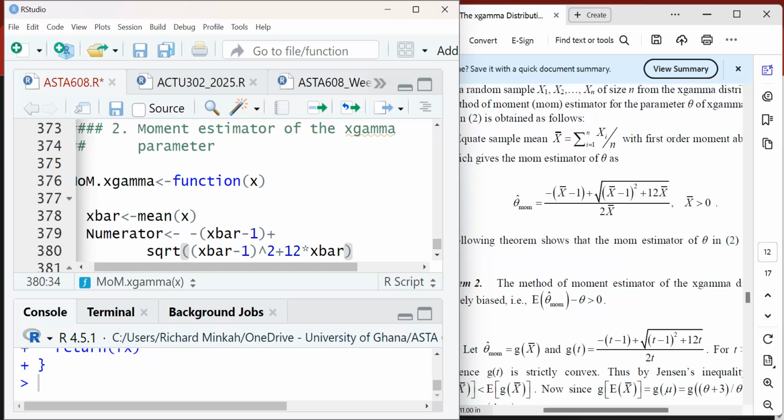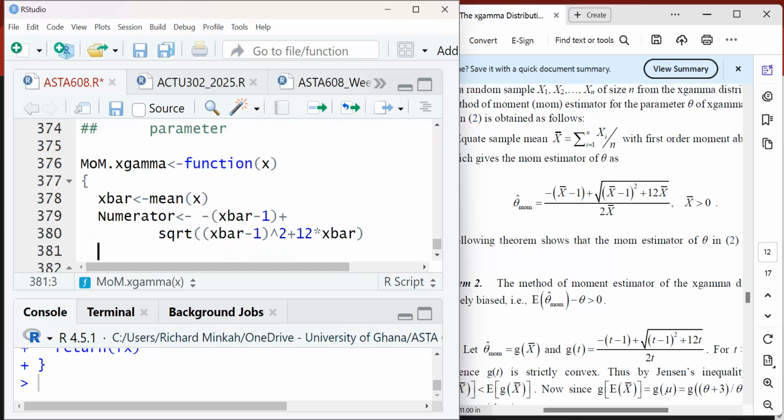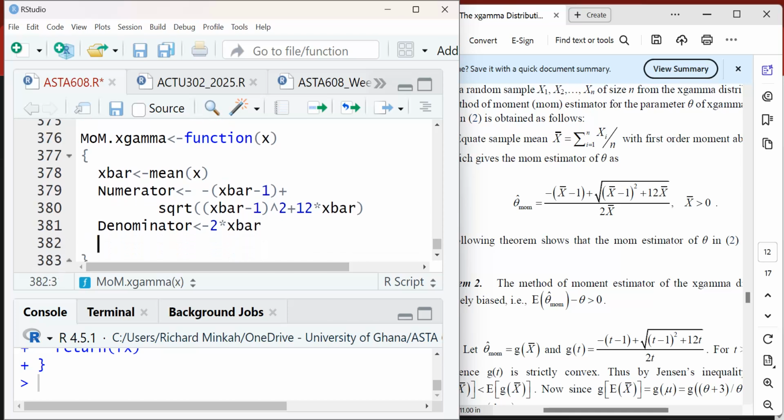Do you want us to just divide this by 2 S bar and go on, or should we get our denominator? Okay, let's get the denominator. The denominator is 2 times S bar. Good. And our expression, if I call it mom, will be the numerator divided by the denominator.